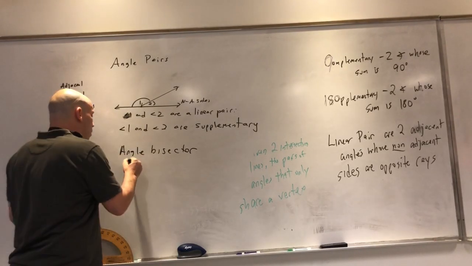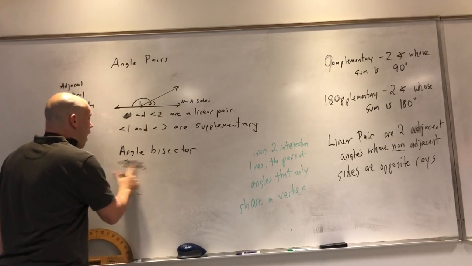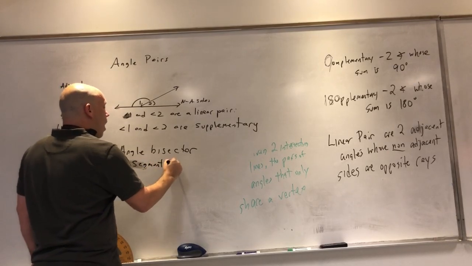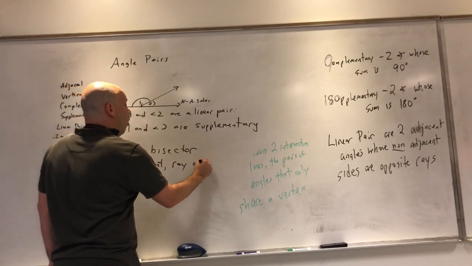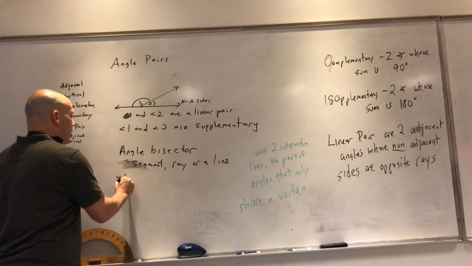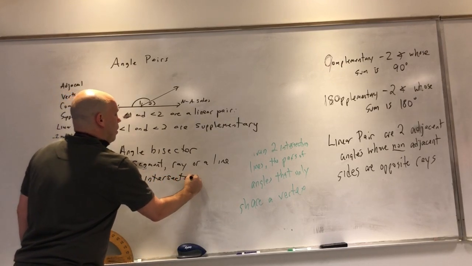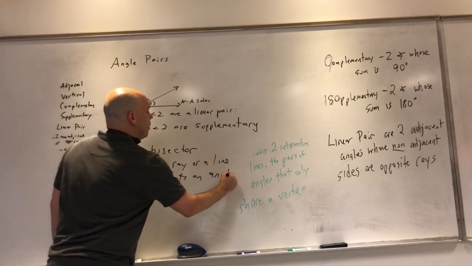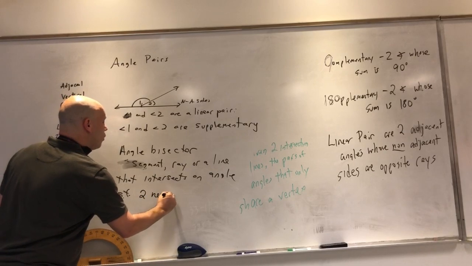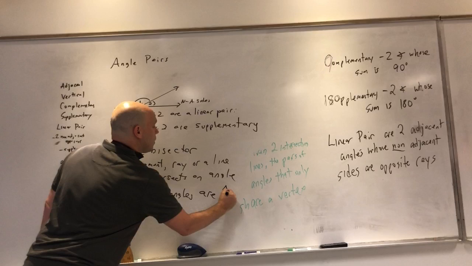We're going to say it can either be a segment, a ray, or a line that intersects an angle such that the two new angles are congruent.